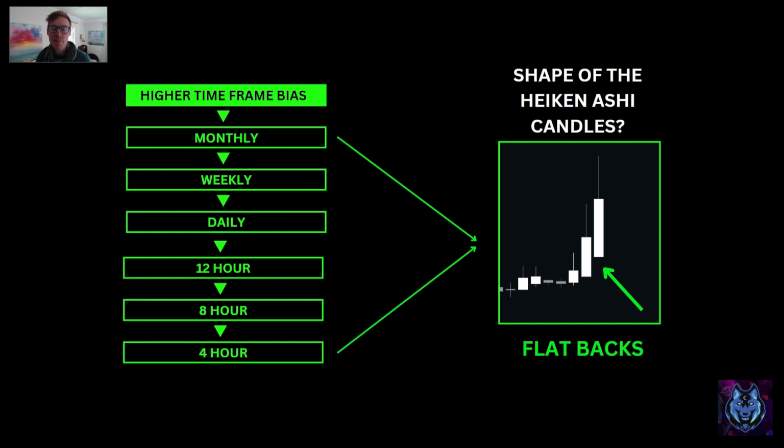This is how it works. You look at your higher time frames, monthly, weekly, daily, 12-hour, 8-hour, 4-hour, and you want to look at the Heiken Ashi candles. If you find a higher time frame flat back Heiken Ashi candle, this is a sure sign that there is a trend starting on the lower time frames.